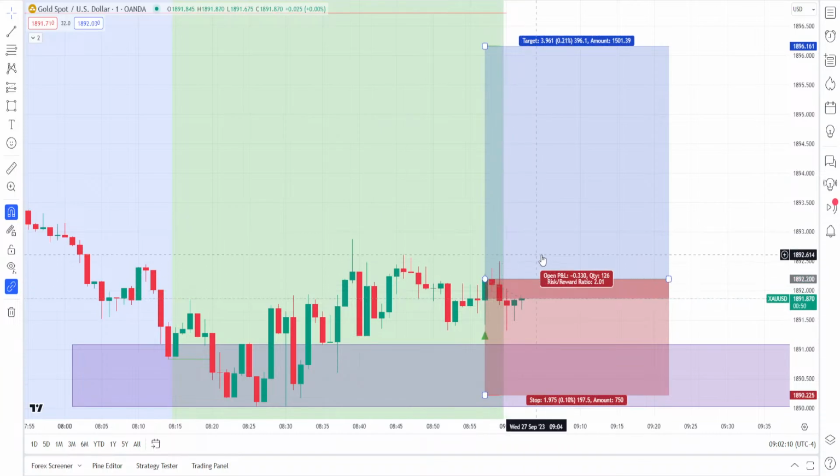So if it comes back up above here and then retests it, then I will take it.